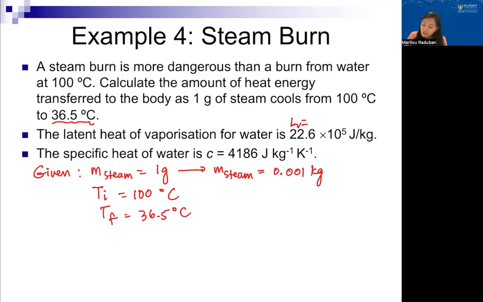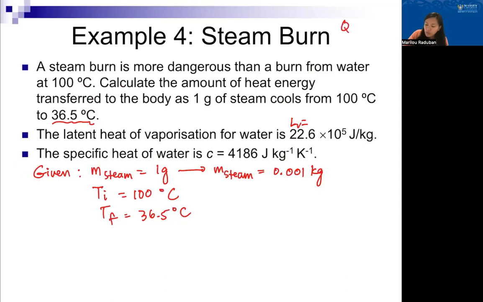Notice the specific heat capacity is in Kelvin inverse, and our temperatures are given in degrees Celsius. But we've seen last time that when we're doing a difference in temperature, or change in temperature, it doesn't matter whether we're doing it in Celsius or Kelvin.